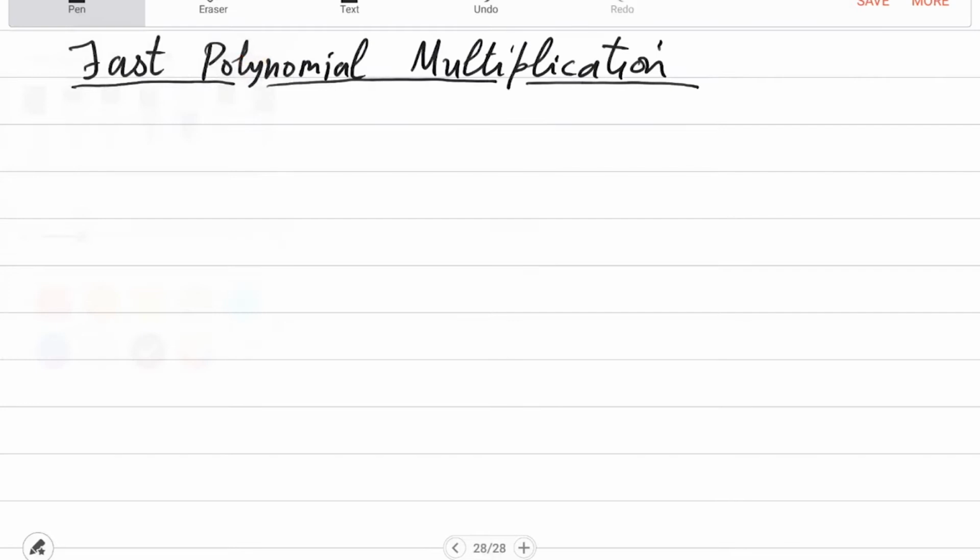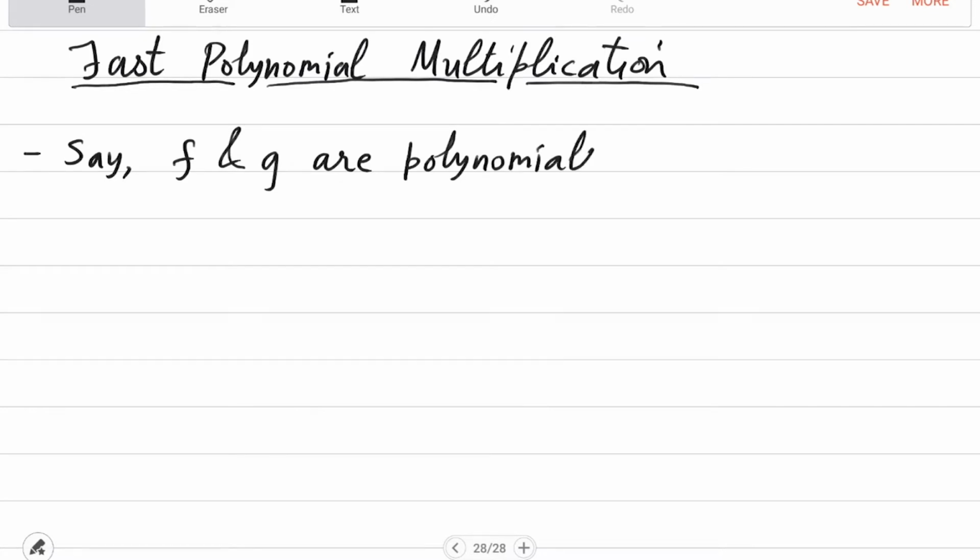Right, so the problem here is clear. You are given two polynomials f and g in some polynomial ring.